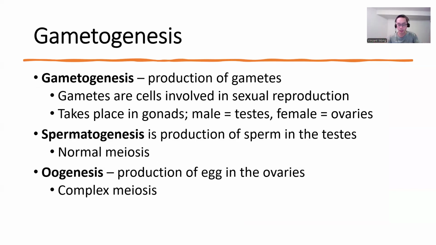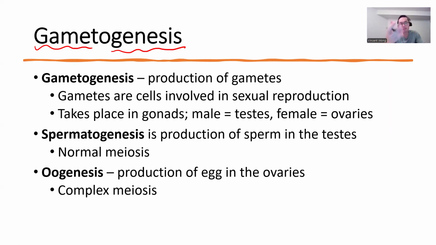We're gonna talk more specifically about how meiosis happens in humans. It can happen to other organisms, right? But in humans, we have what's called gametogenesis. Gametes, as you know, are reproductive cells, sperm and egg. Genesis is the creation.